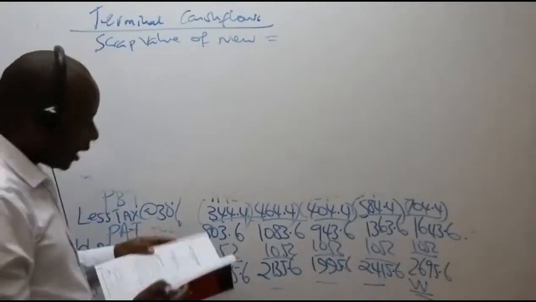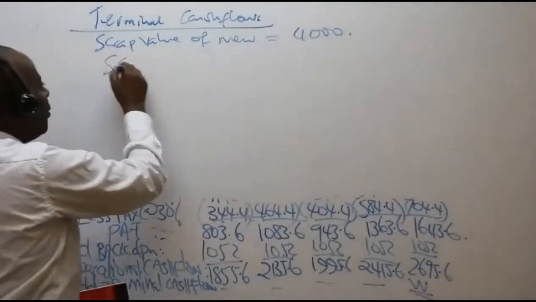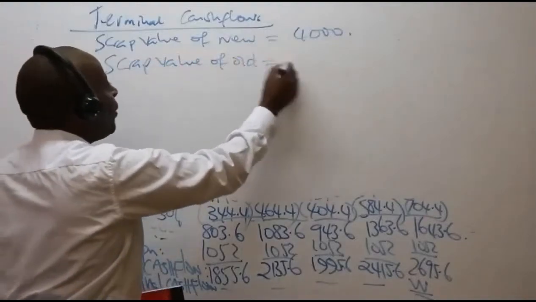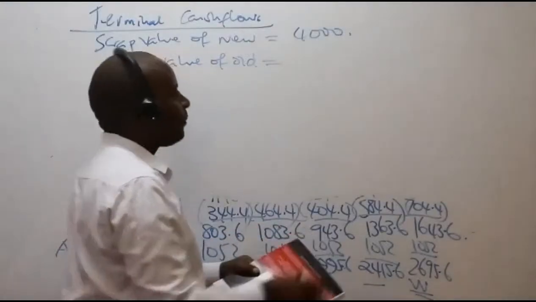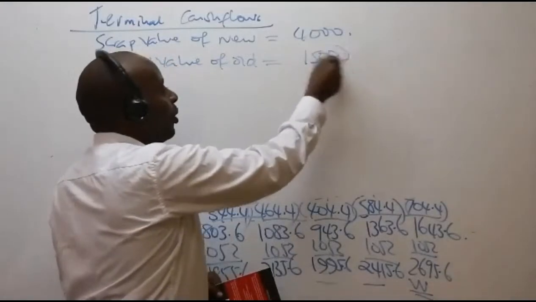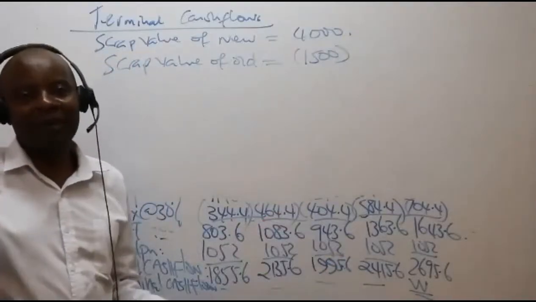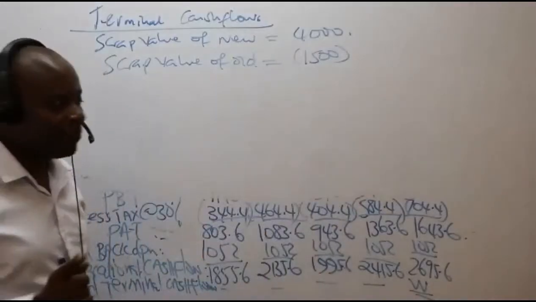They gave me 4,000 somewhere. And then we have scrap value of old, they gave me a figure of 1,500. Remember, old is an opportunity cost. I'll lose that. If I make a replacement decision today, I will lose this money. So I'm capturing it in brackets.